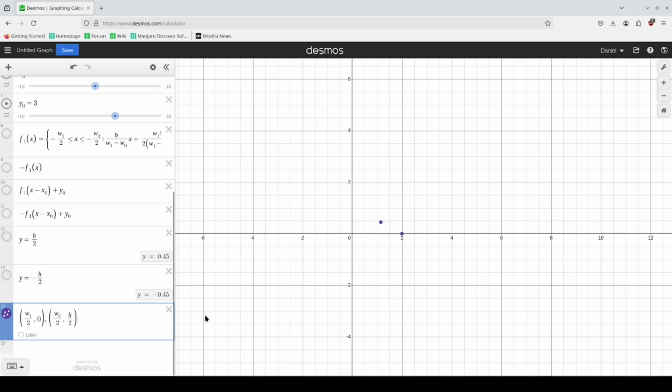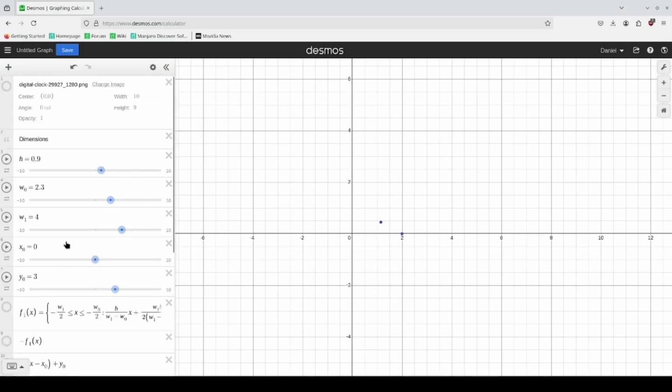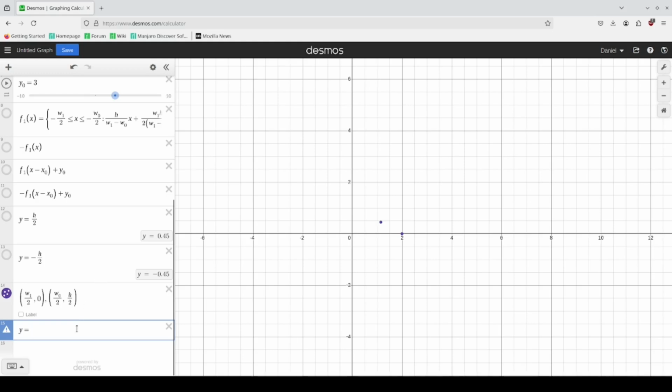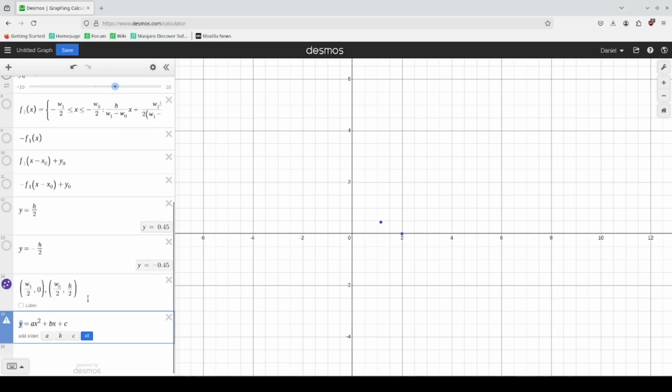So the general form of a parabola, let's say, make sure I don't have a, b, or c defined as variables. That's the trap with having too many. Ax squared plus bx plus c. And we do have an x. It's w1 over 2. And we do have a y that's 0, so we're going to sub these 2 in for this equation here. And we need to do this again for this ordered pair.